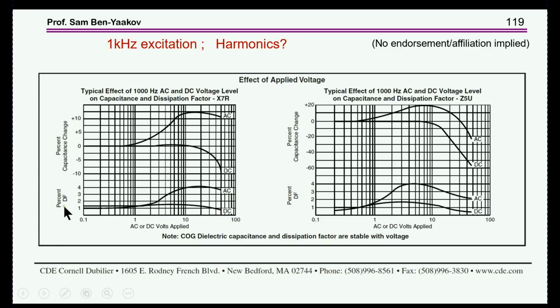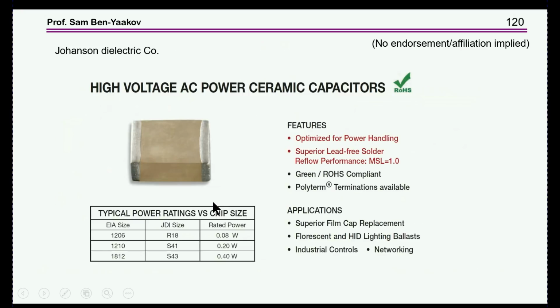Notice that we also have here the dissipation factor, which is ESR, and it's also going up, because of the very large swing that we have in this AC capacitance. As I've said, only a few vendors give this information, but you can reconstruct it the way I've shown.